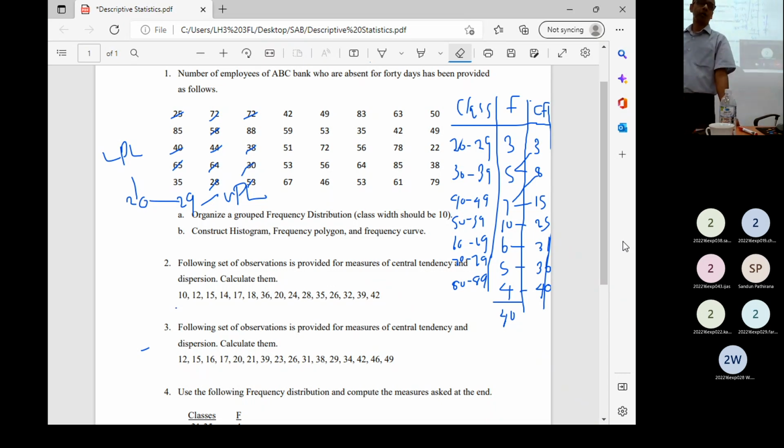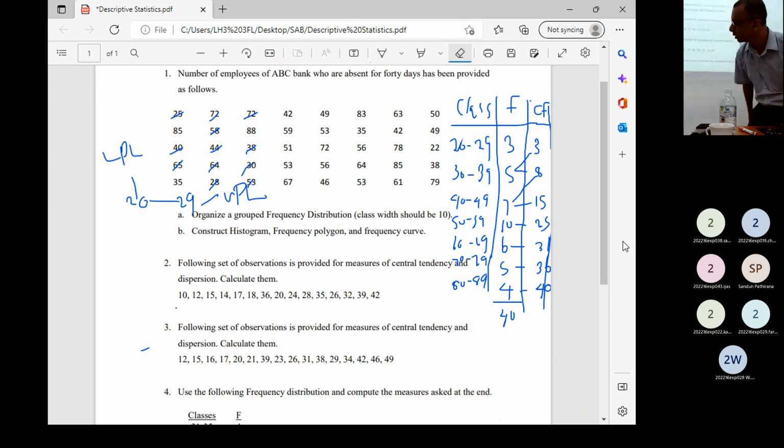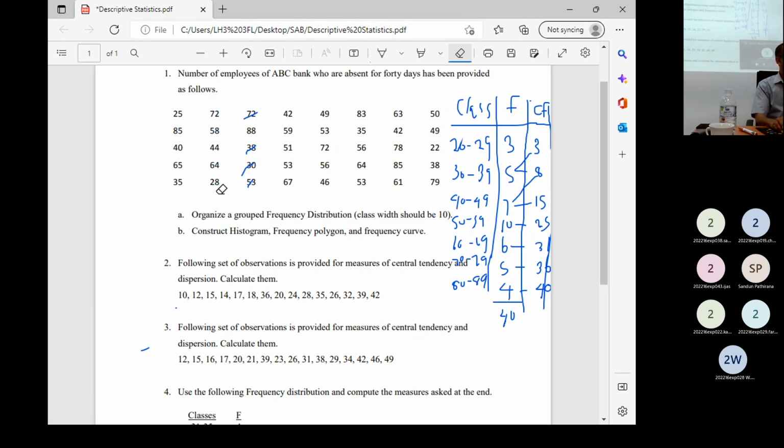Okay, right. Now we write down. If we have organized data as 20-30, 30-40, etc., the practical limits will be the real limits.